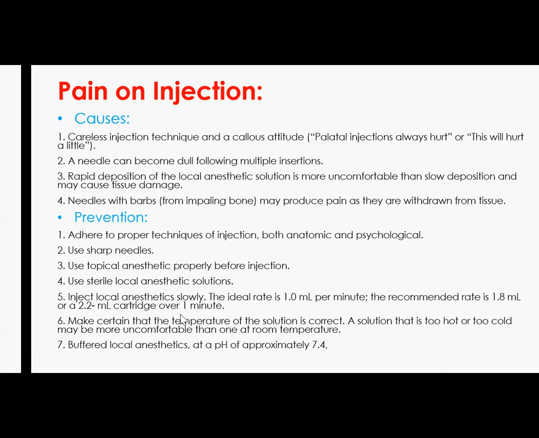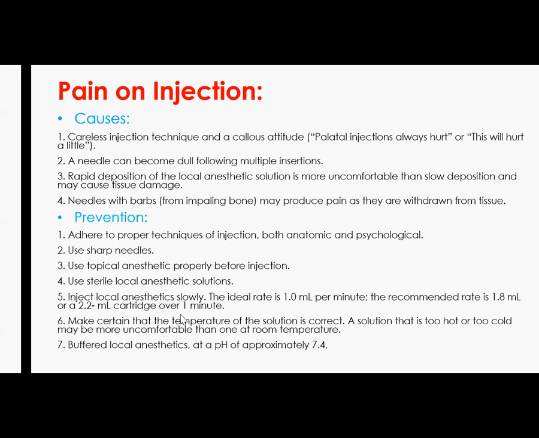And there is a new technique, which has still not come across in all the carpules, but experiments are going on, wherein they buffer the local anesthetic, because in most cases the local anesthetic solution is slightly acidic. It has a pH less than 7, but the body fluid pH is around 7.4. It's slightly alkaline. So whatever you do, you cannot match the pH of the local anesthetic solution to the body fluid, except by adding an alkaline solution to it. And this is what we call buffering the local anesthesia.